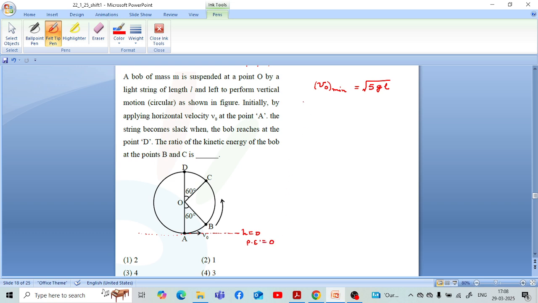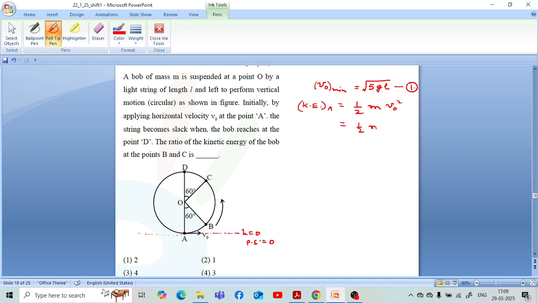And the kinetic energy at point A is given by half m v naught square. As I have discussed, the minimum velocity required is square root of 5gL, so we can put this value here.